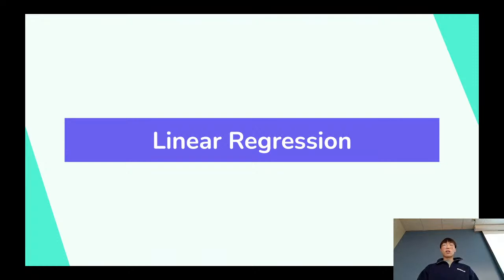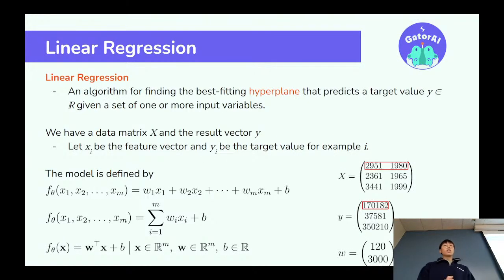Right. So we're going to go through a couple of the models that we covered. One of the first and earliest models that has been used in machine learning and data science is linear regression. Linear regression is an algorithm, as all machine learning algorithms are, for finding the best fitting hyperplane that predicts a value y, which is an element of the real numbers, given a set of one or more input variables.